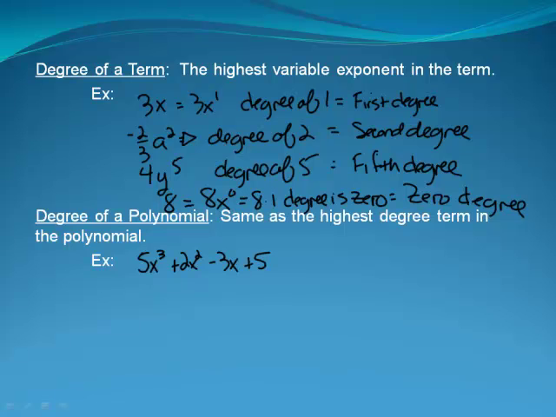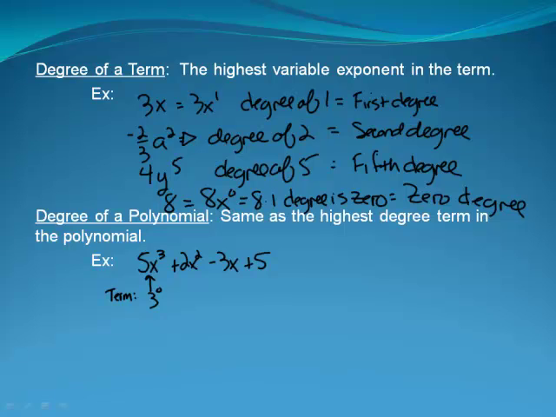We would call that just a general polynomial because there's 4 terms, and 4 or more terms we're just going to call a polynomial. So what we want to do is figure out what is the degree of each individual term. Okay? So we're interested in individual term degrees. So that first term is going to be third degree.